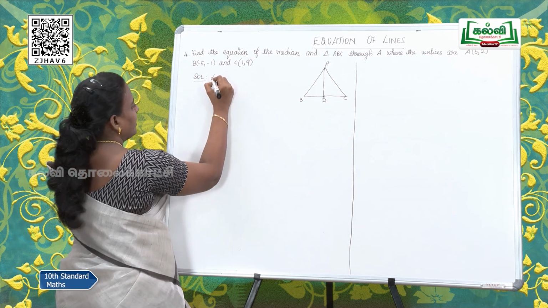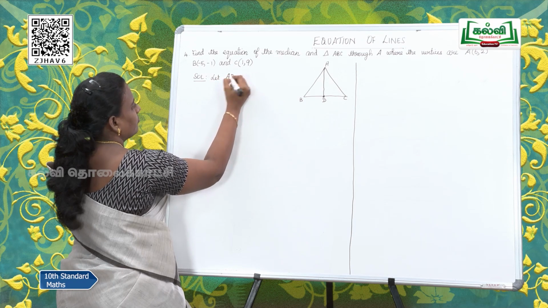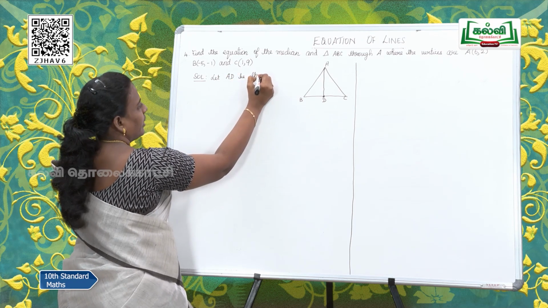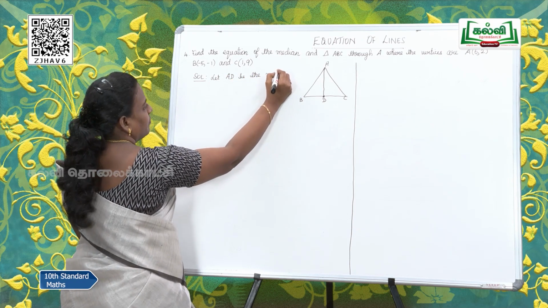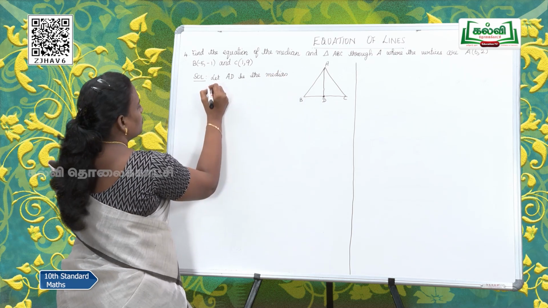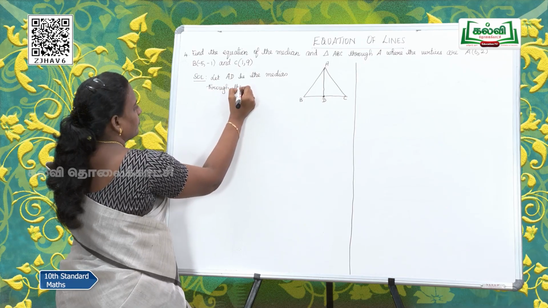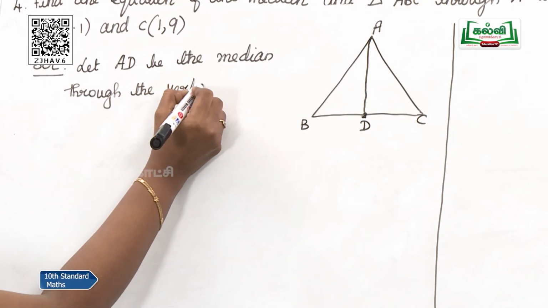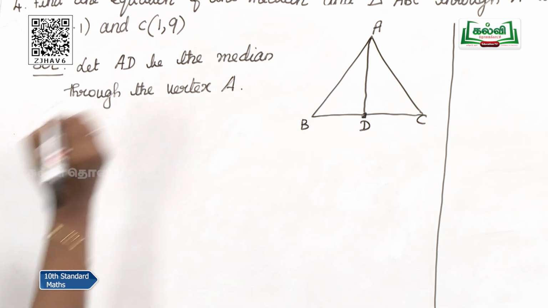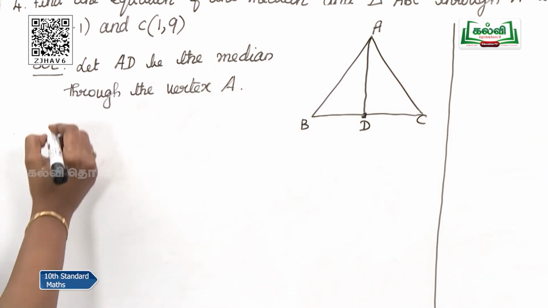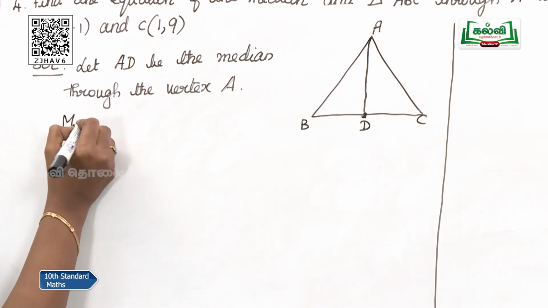So first I will write, let AD be the median through the vertex A. Okay. So what is B and C? So first I am going to find the midpoint.